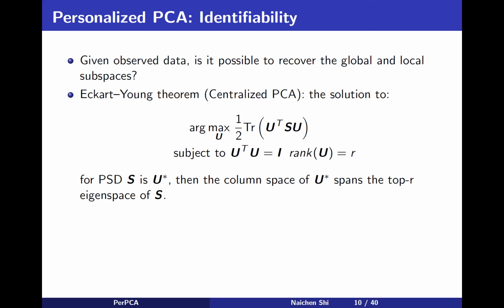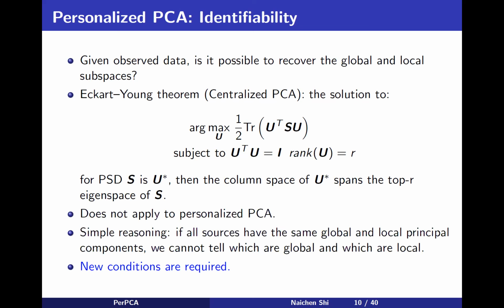Okay, it has a unique solution, denoted by the top eigenspace. However, this result does not directly translate into personalized PCA. We can look at a very simple counterexample where all the local PCs are also the same.